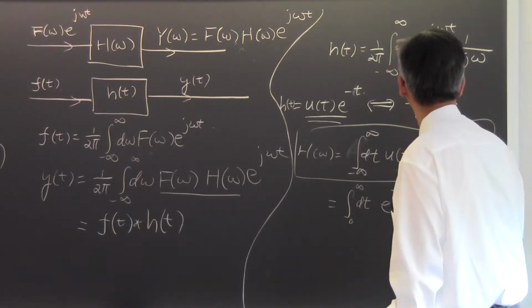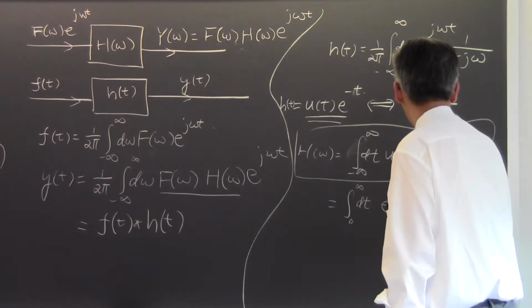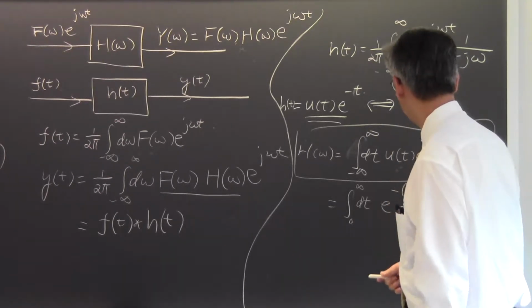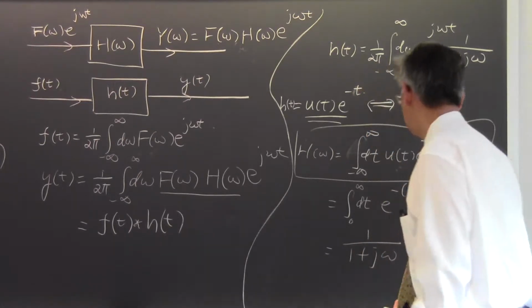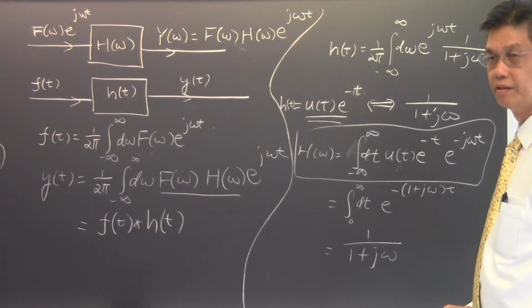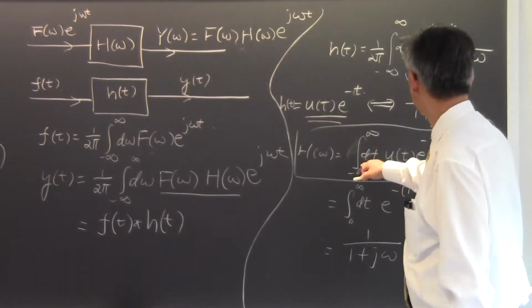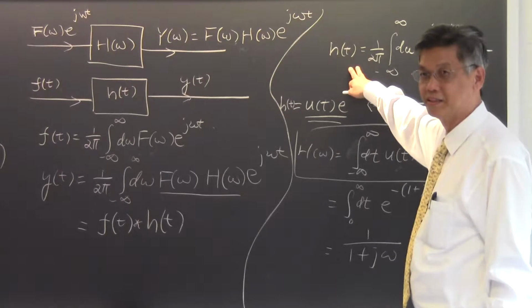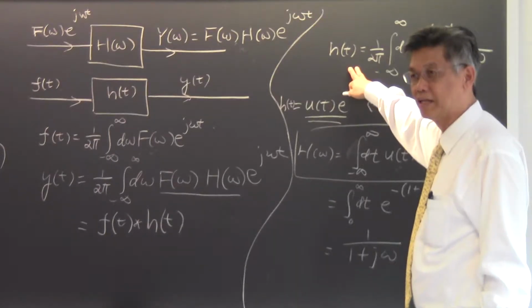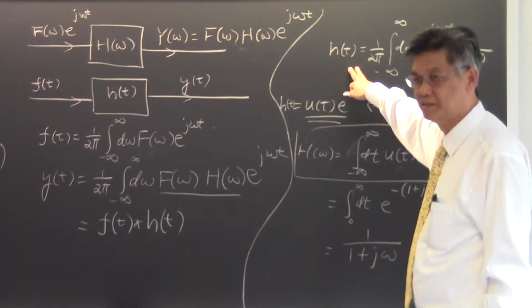You get e to the minus (1 plus j omega) t, and when you integrate this, you get 1 over 1 plus j omega. So if the Fourier transform of this is equal to that, the inverse Fourier transform of that is equal to this. That's how those lookup tables are made.